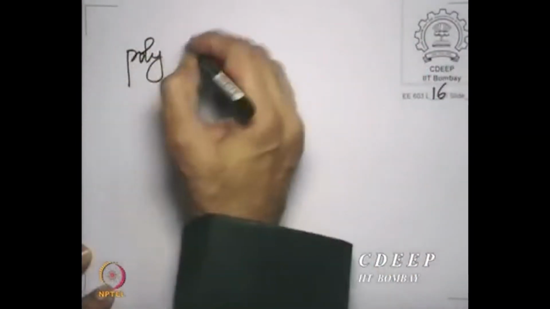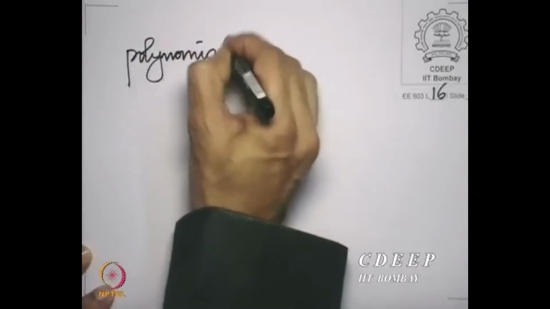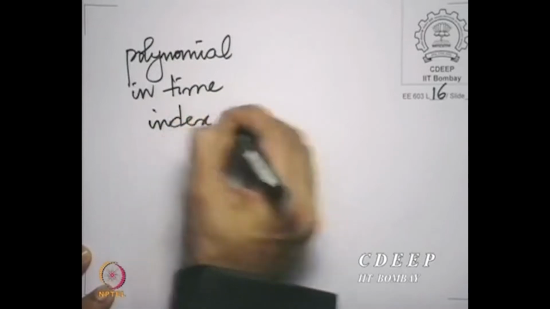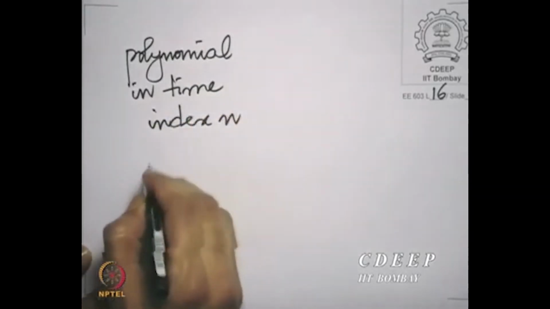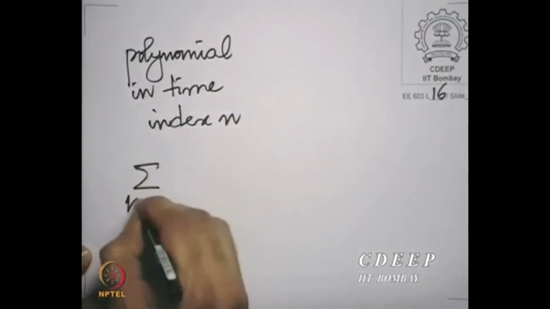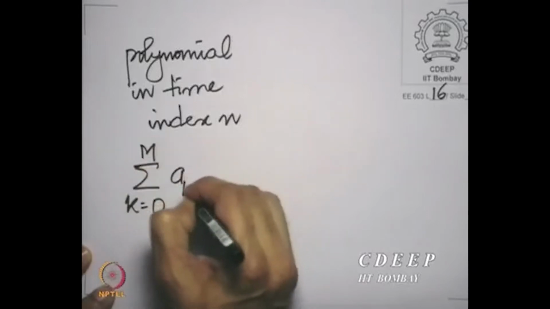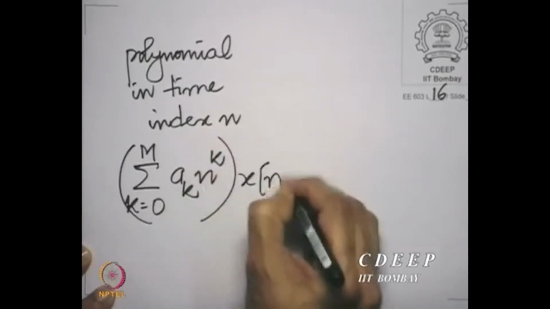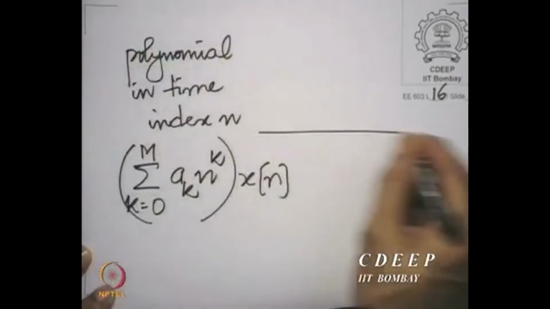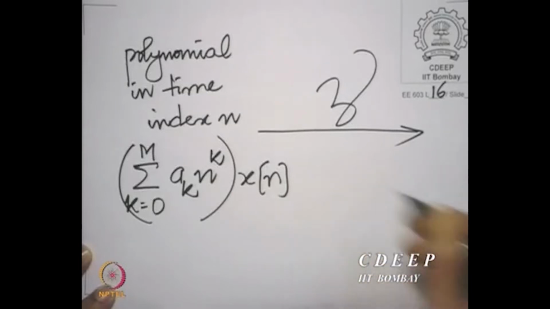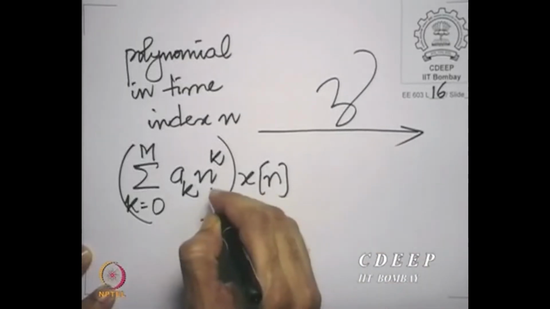A polynomial in the time index n, essentially something of the form summation k going from 0 to m of a_k n raised to the power k, multiplied by x[n], involves taking essentially a linear combination of the kth derivative.